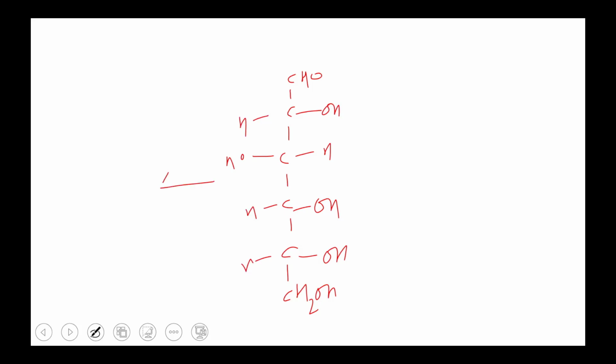If I need to make changes in this one, everything will remain the same, only at the second carbon the rearrangement of the OH and H group will take place. So the structure will look like this: both the OH groups come to this side.